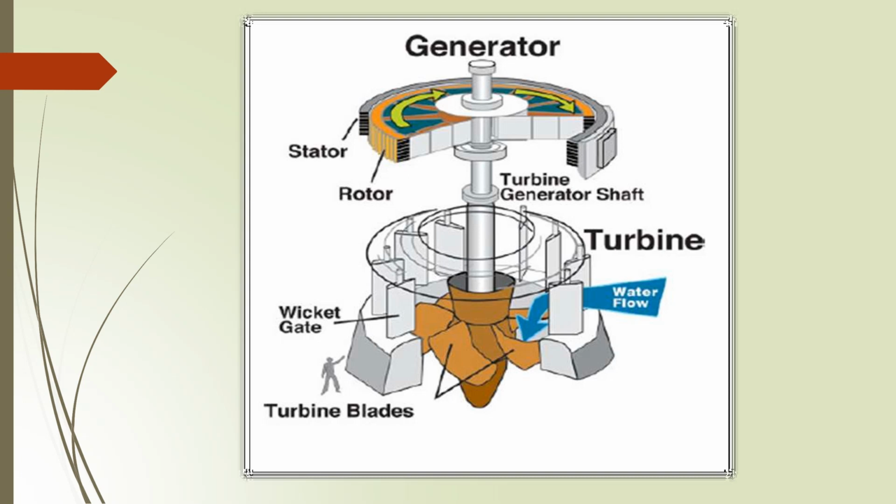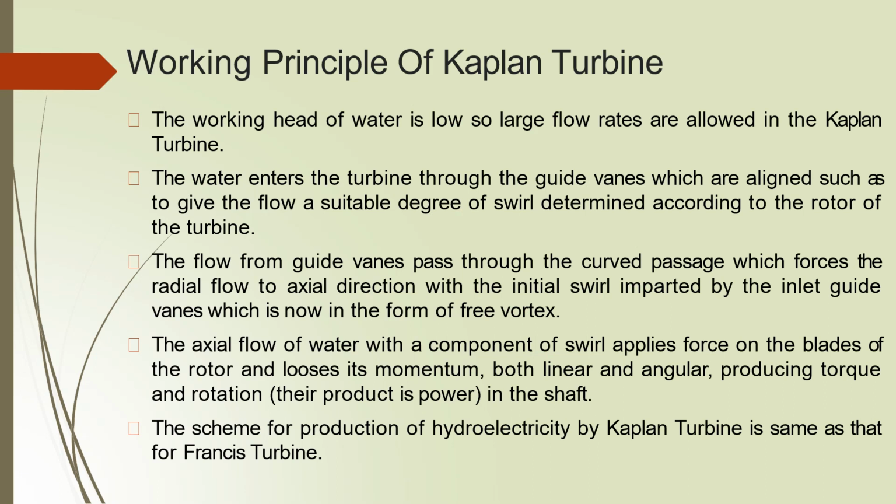Water flows at the bottom, and it is coupled with the generator also. Generator is attached with a Kaplan turbine. You can see how exactly the Kaplan turbine converts hydraulic energy into mechanical energy, and the generator converts the mechanical energy into electrical energy.